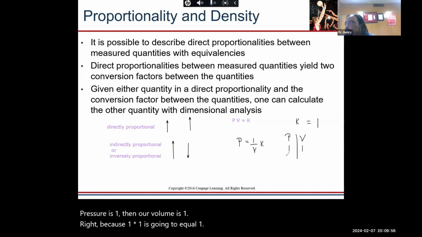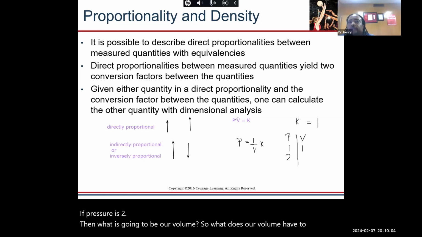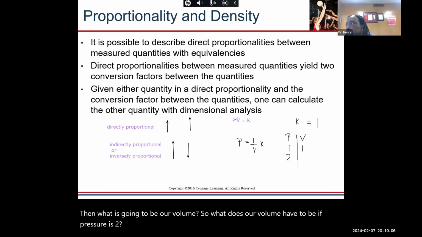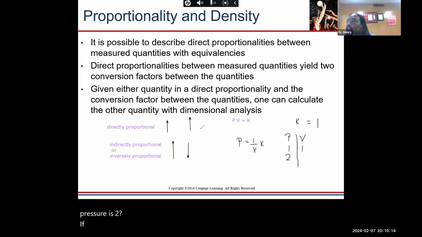If pressure is 2, what is going to be our volume? What does our volume have to be if pressure is 2? Is it 2, because K is 1? Well, are you saying 2 times 2 is 1? Is that true, based upon our equation?